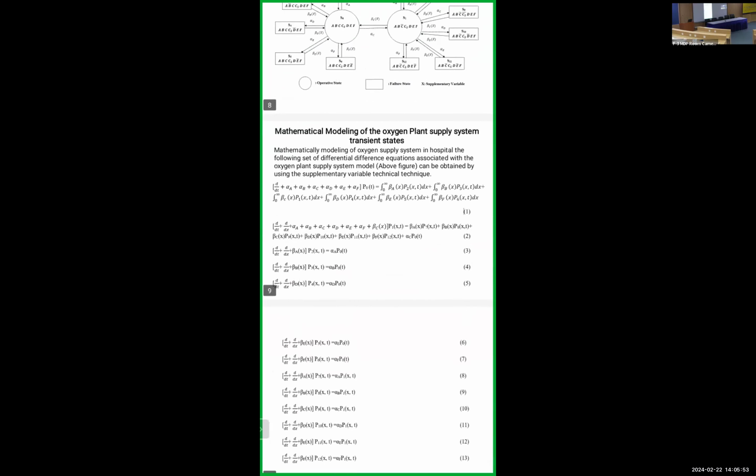This is the mathematical modeling of the oxygen plant supply system transition. We have 13 equations in this model, one for each state.